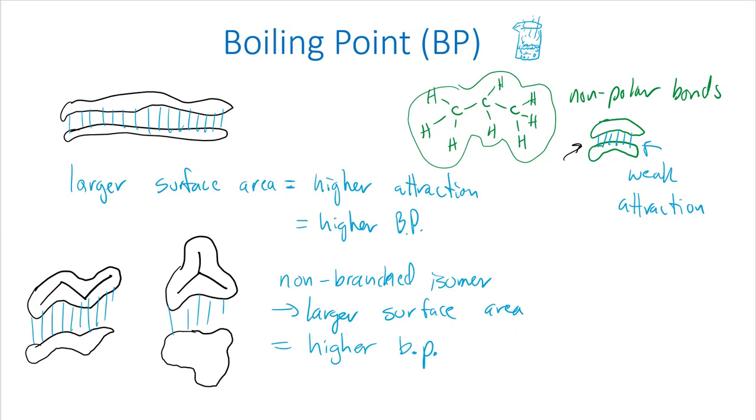And so the surface area, or the size of the molecule, or rather the degree to which the molecule is branched, is the common factor in both boiling point and heat of combustion. But the two are unrelated.